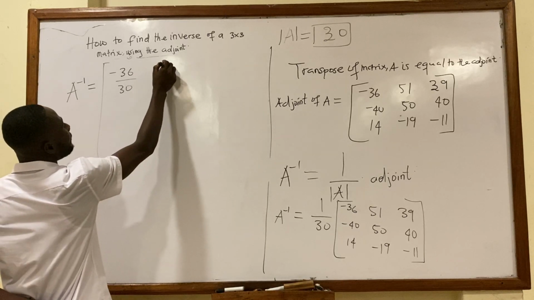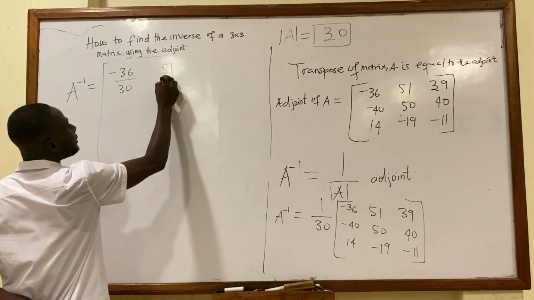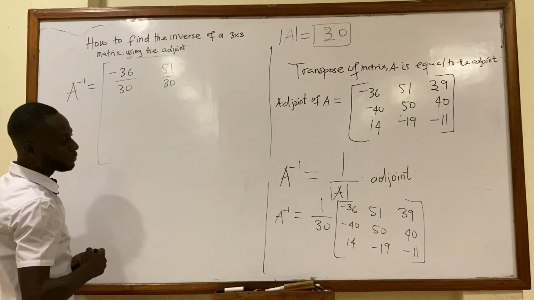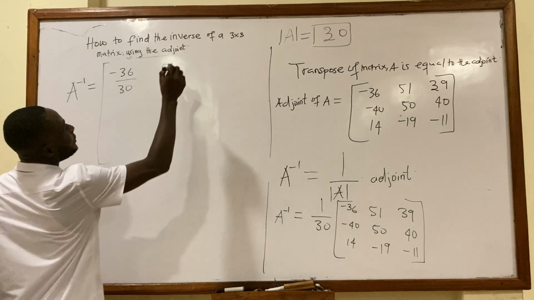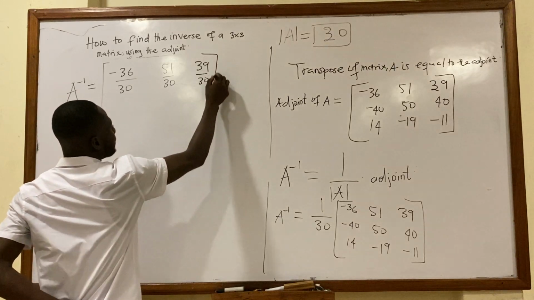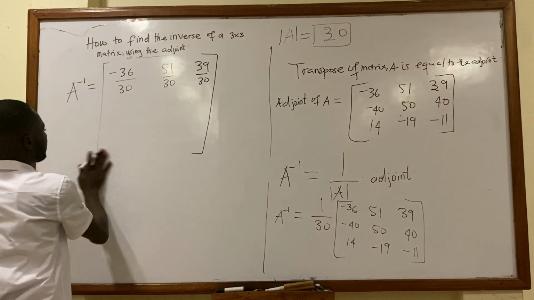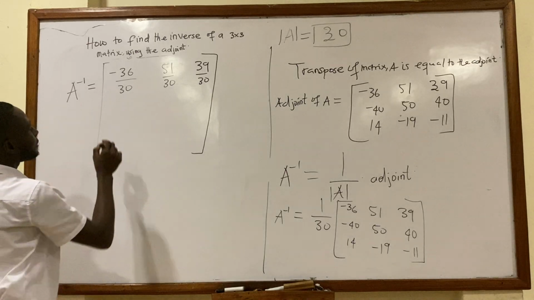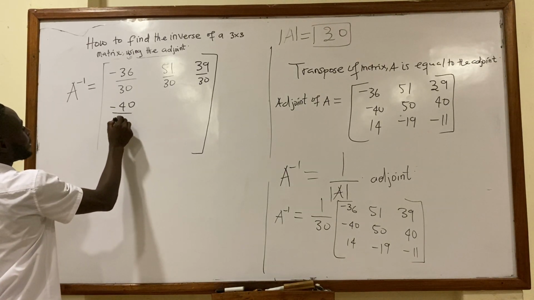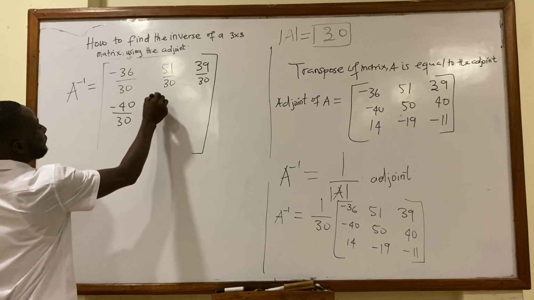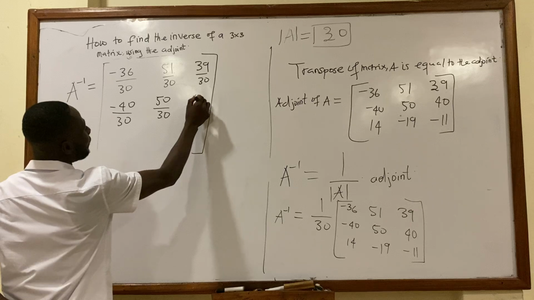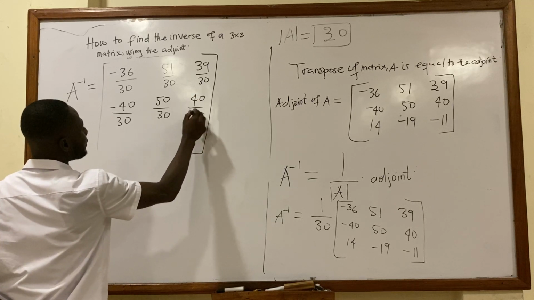And then 51 over 30, 51 over 30, 39 over 30. The second element, minus 40 over 30, 50 over 30, 40 over 30.